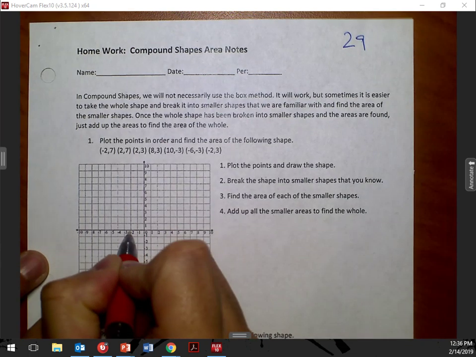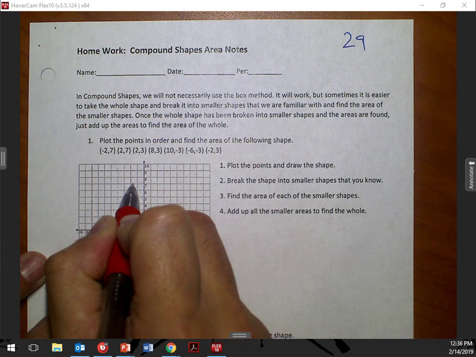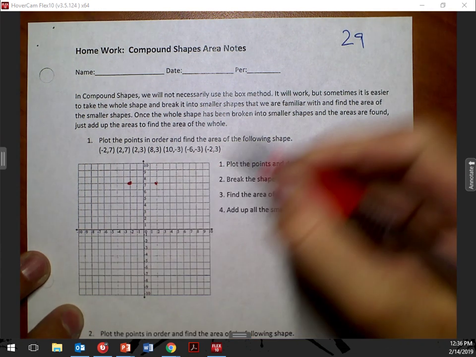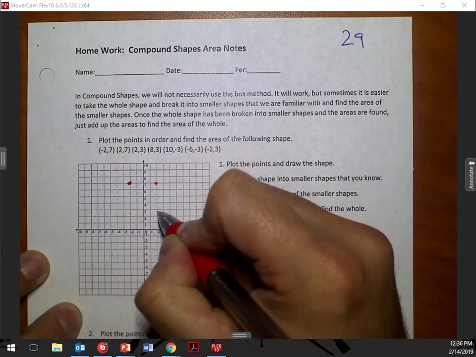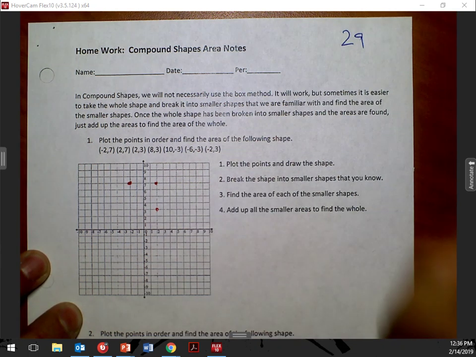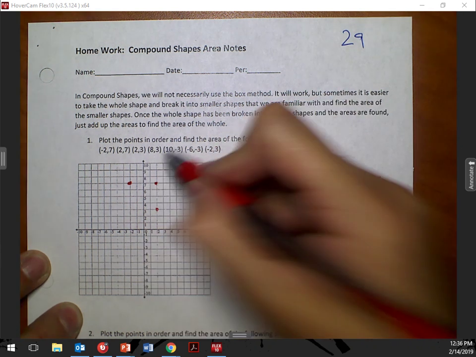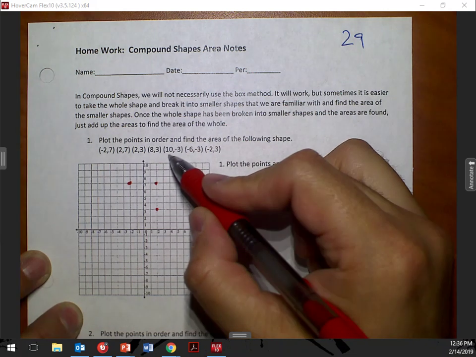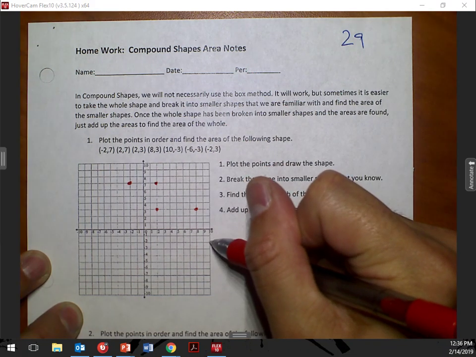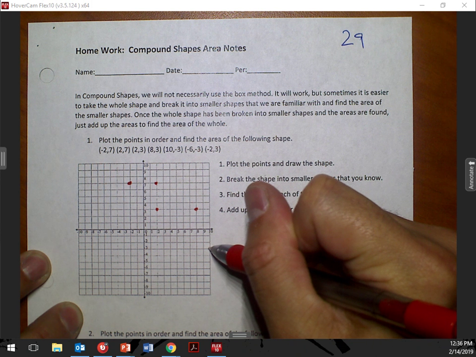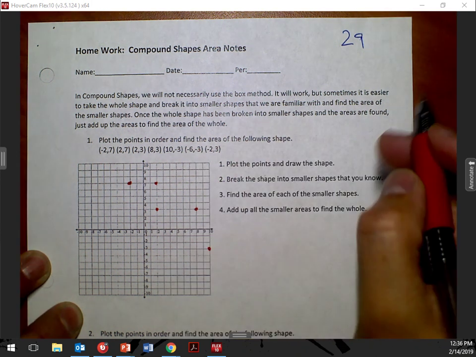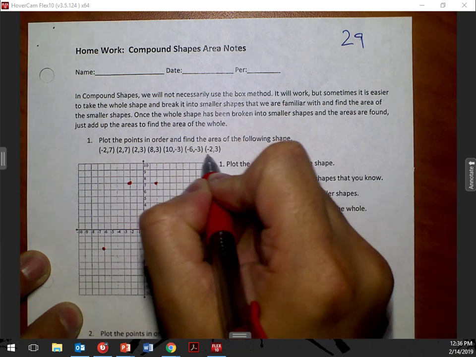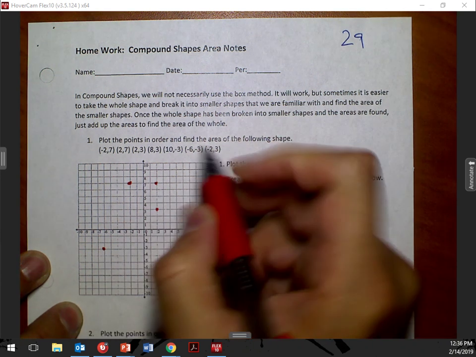So -2, 7. We have +2, 7. 2, 3. 8, 3. 10, -3. -6, -3. And -2, -3.